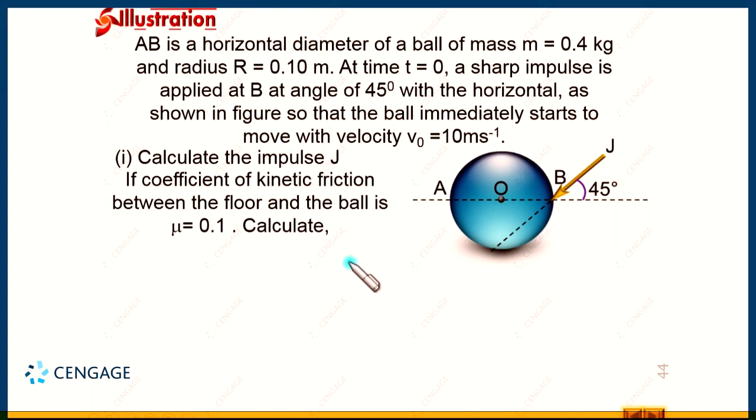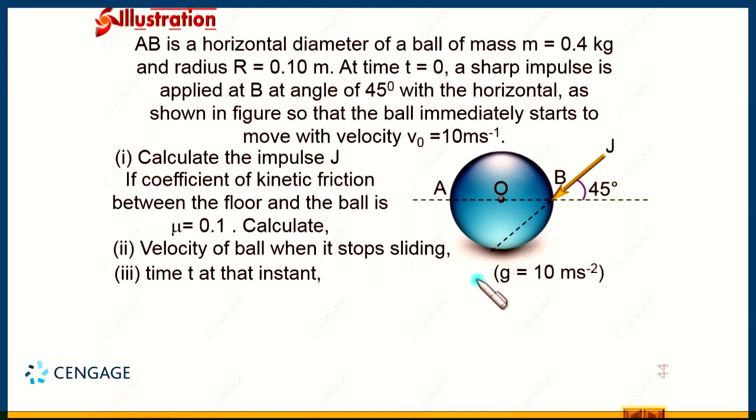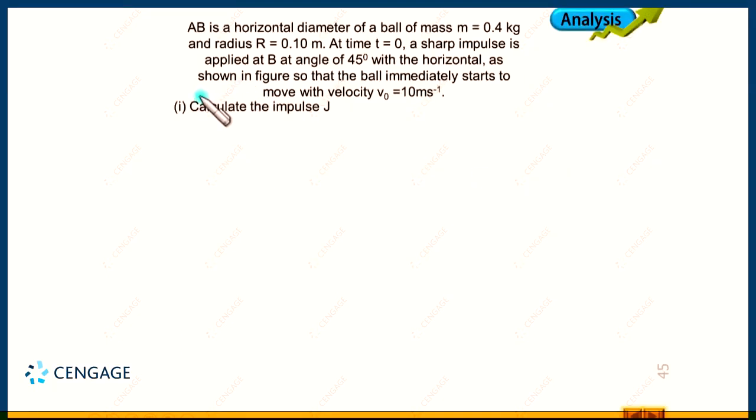Then we need to find the velocity of the ball when it stops sliding, that is at the time of rolling, and the third point, we need to calculate the time up to this instant, that means the time from t equal to 0 to the instant when the ball starts rolling, that means sliding stops. So let us place the diagram on the next page first, and we need to use g equal to 10 meter per second square. This is the first part of the question we are going to analyze.